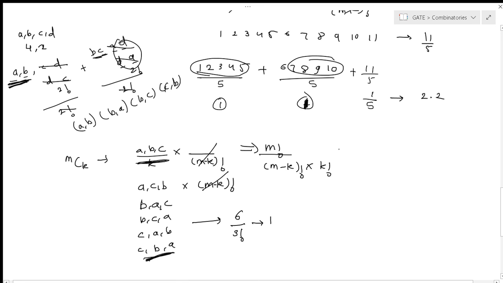I will take it from scratch. First we took the m elements. Okay, we gave them full freedom. Then we realized the mistake that the m minus k is creating the problem.